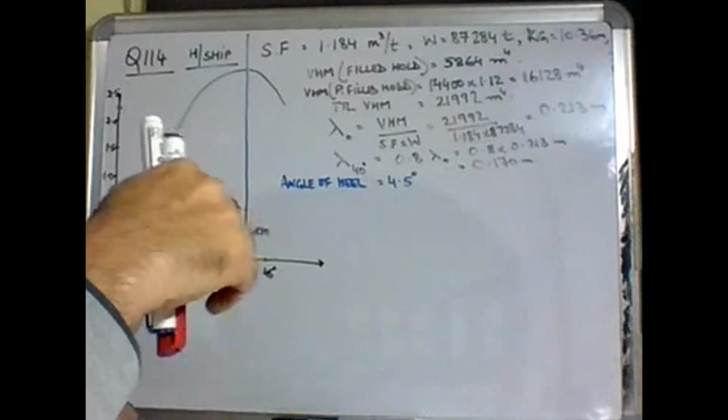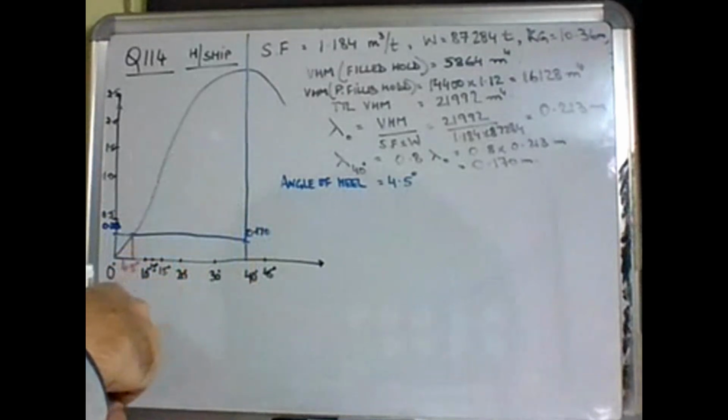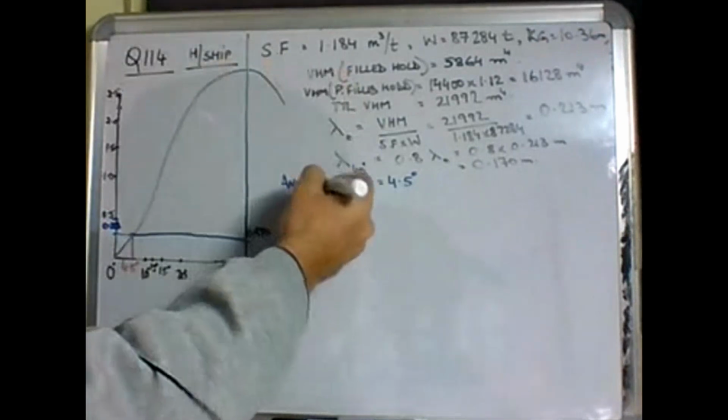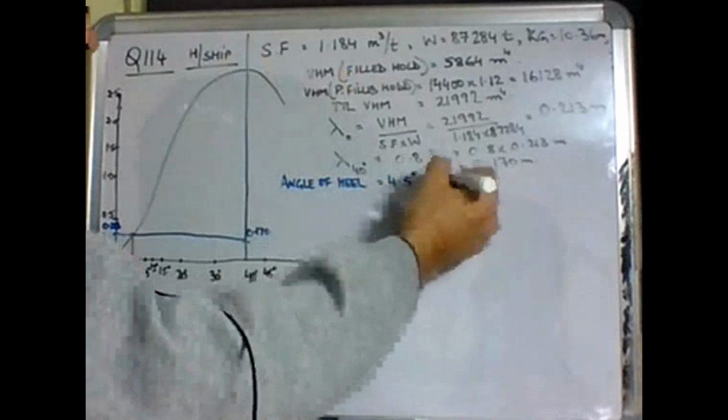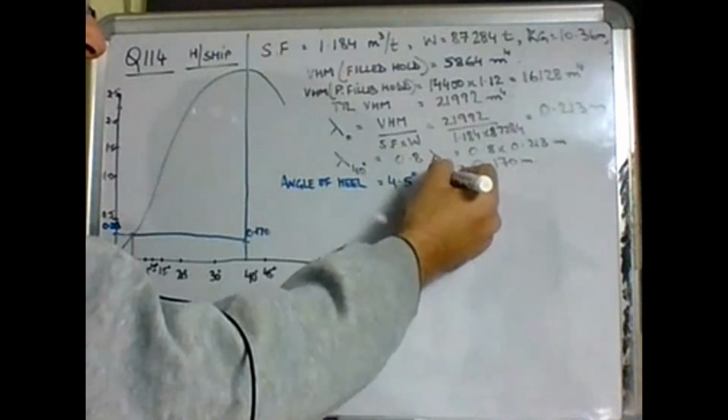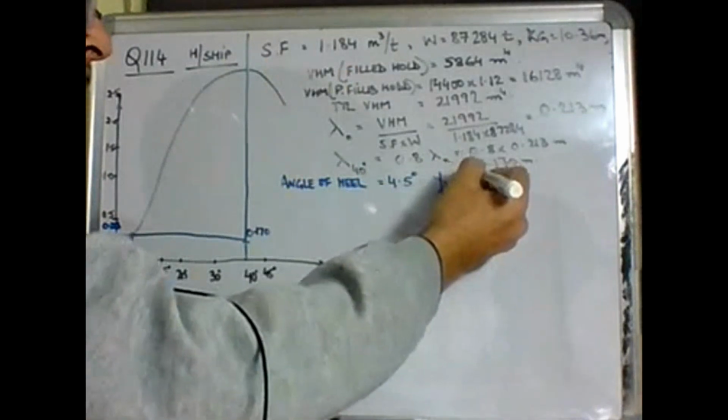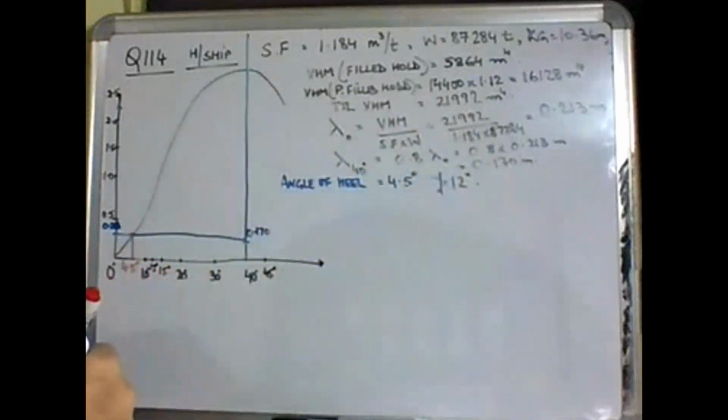The angle of heel should not exceed 12 degrees due to shift of grain. So this angle of heel of 4.5 should not be greater than 12 degrees. This is the requirement for grain.